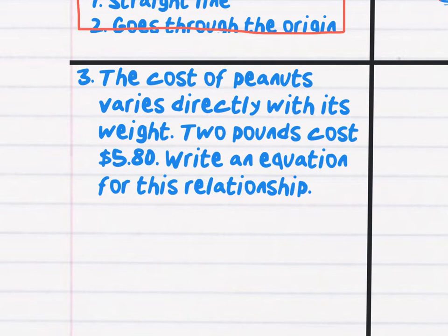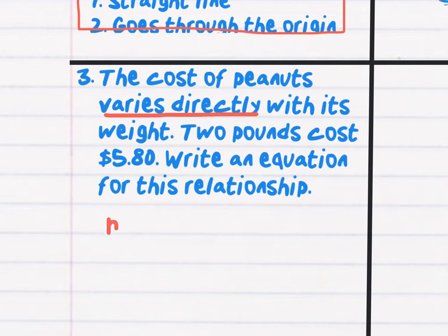So for number 3, we have the cost of peanuts varies directly with its weight. 2 pounds costs $5.80. Write an equation for this relationship. The key words here is that it varies directly, so that means it has a direct variation. So again, when you know it's a direct variation, to find the equation, you first have to find the constant rate of change.